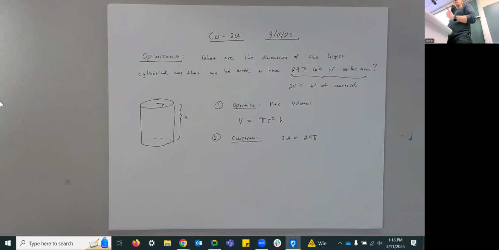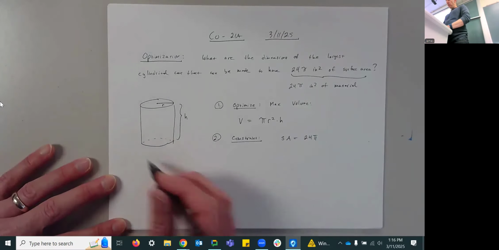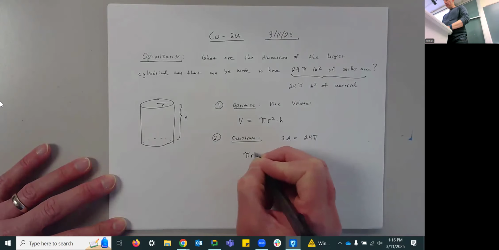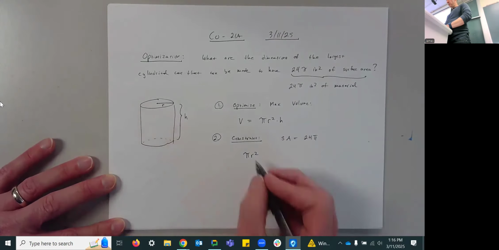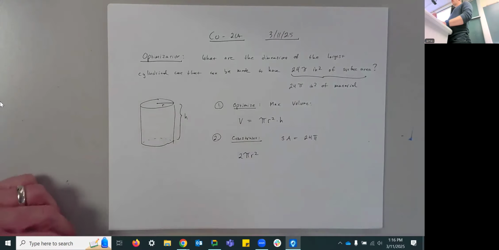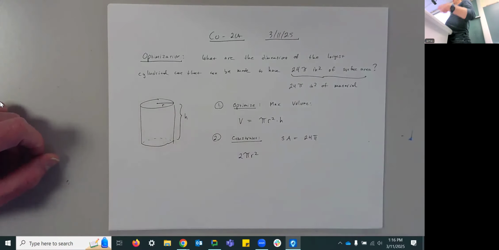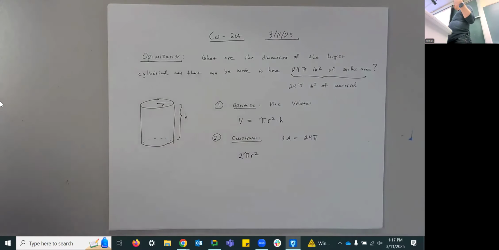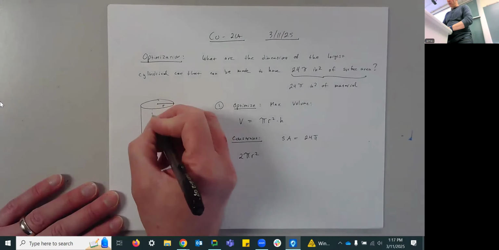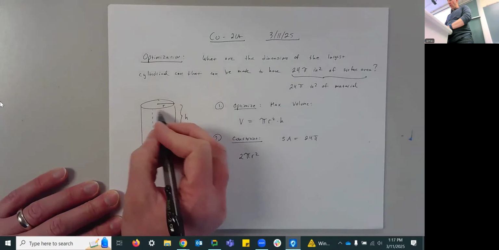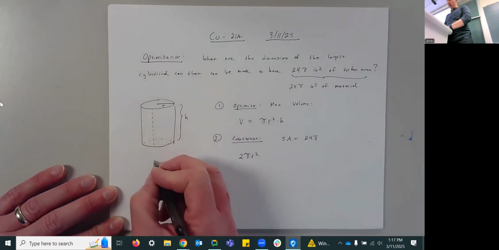But we need an equation for the surface area. And I always feel like the cylinder one's kind of weird, but it's not that bad. So for a cylinder, the surface area is the area of the bottom circle plus the area of the top circle, which together are 2 pi r squared, and then the area of the around part, which I always imagine is like a roll of paper towels. So if you have a roll of paper towels and you have one paper towel that goes all the way around, and you take it off, what kind of shape does it have?